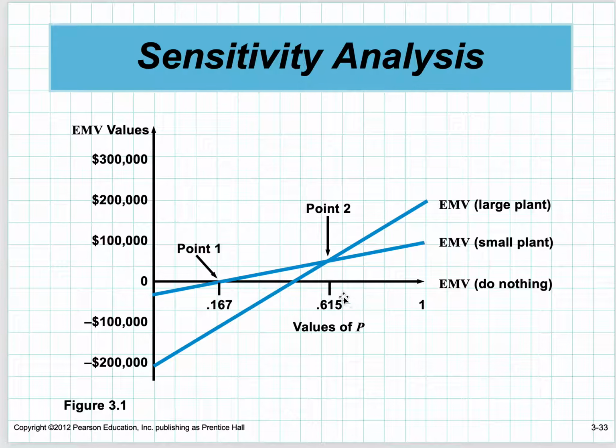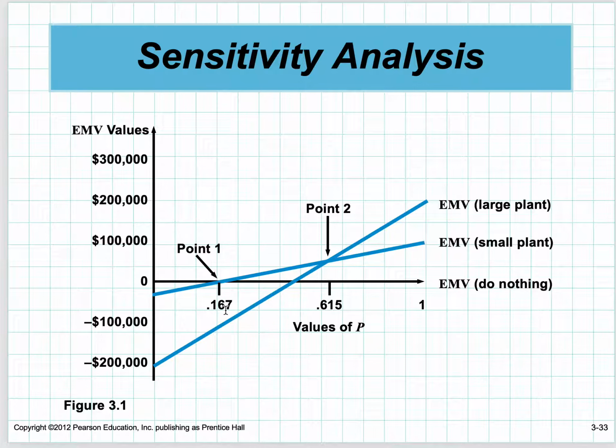If you think the probability of a favorable market is going to be above 61.5%, you would always pick the large plant. If it's between 16.7, or basically 17%, and 61.5%, you're going to pick a small plant.